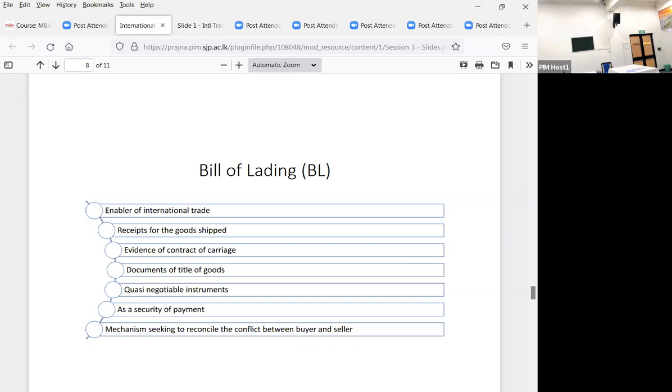The third one is the clean BL. That means the BL says the goods are received in good condition, good packing, and everything is clean. Quantity, everything. The last one is the closed BL. They have put some clause to say goods are not in order, packing is not, there's a leakage and so on.